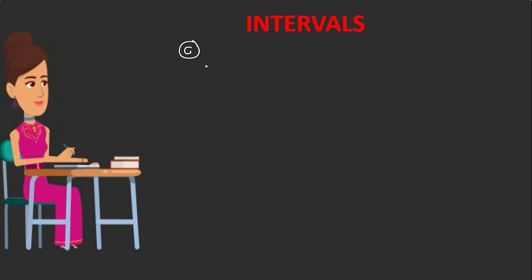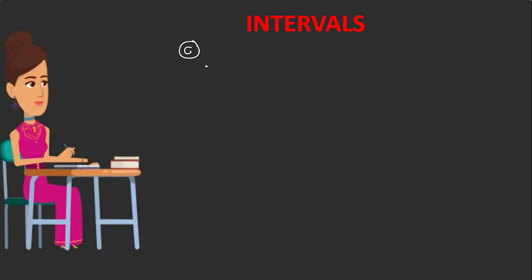Then the next thing you're going to do is show set C. Set C is from -1 to 8, like that. This end is part of the set, and that one is not part of the set.